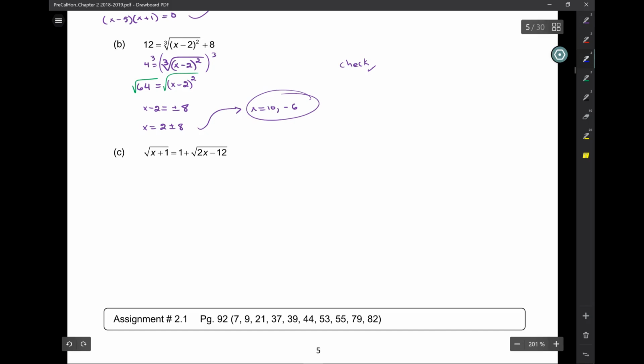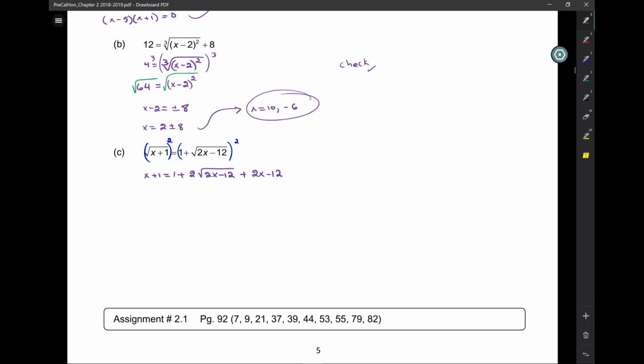All right. So here you have two radicals. Do you see that? And I like to have one on each side. So let's square these. So I'm going to get x plus 1 equals 1 plus 2 times the root of 2x minus 12 plus 2x minus 12.